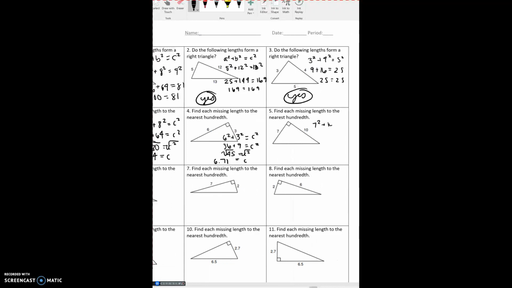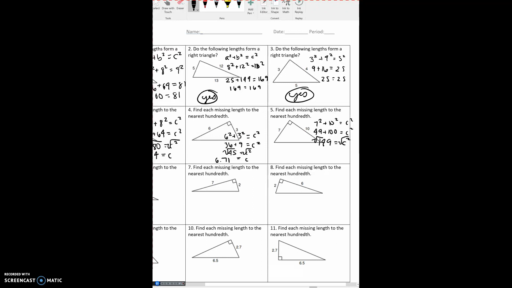Pythagorean theorem. Square root both sides. .21 equals c.